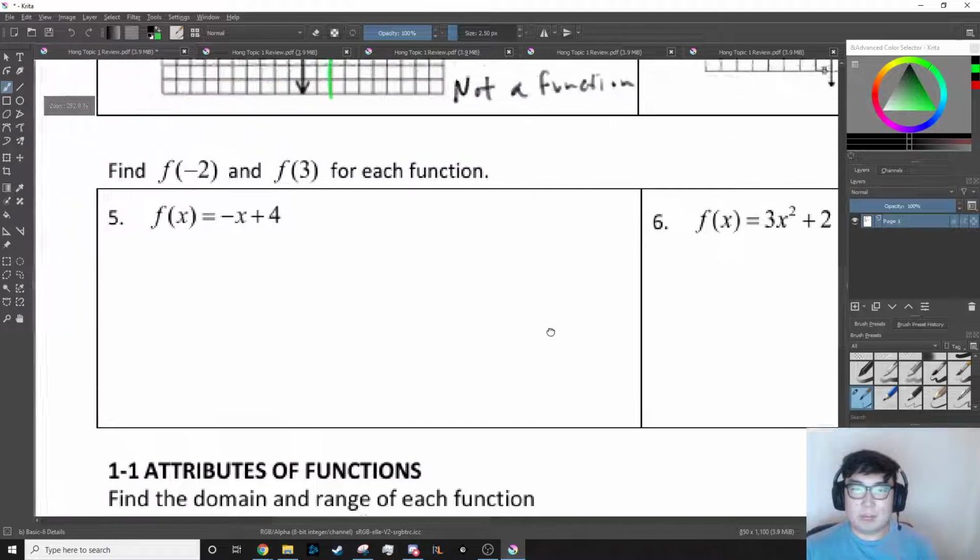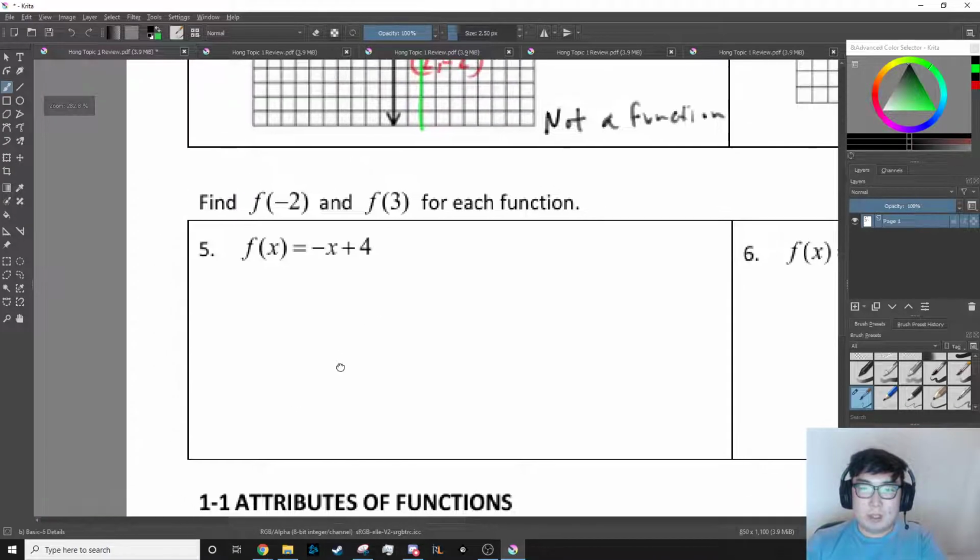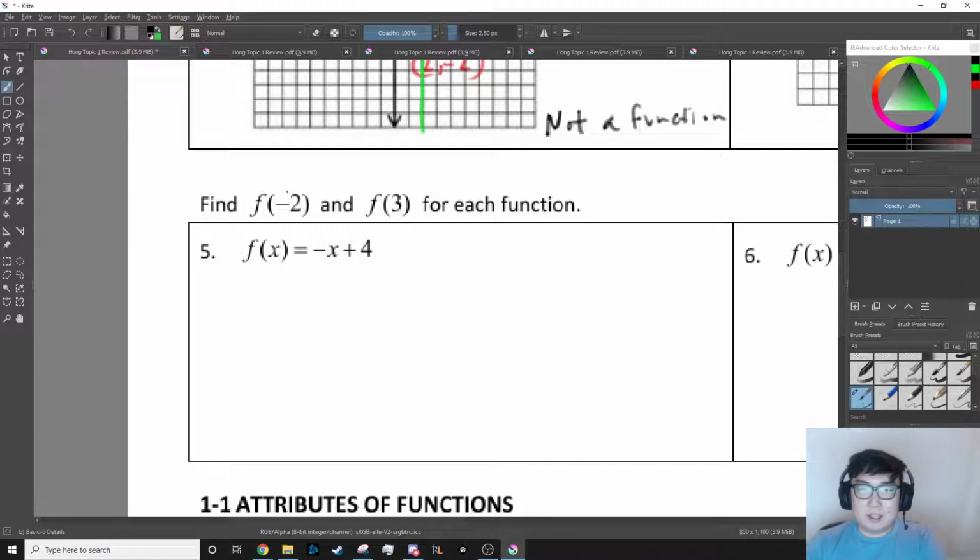Alright, number 5. Find f of negative 2 and f of 3 for each function. So I'm going to do this one. What this is saying is that when x equals negative 2 and when x equals 3, I'm going to have 2 answers.